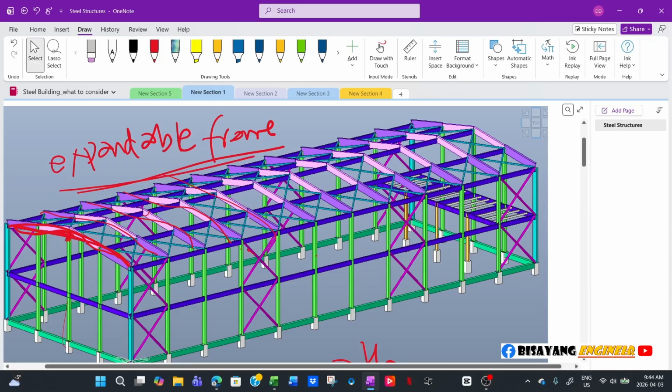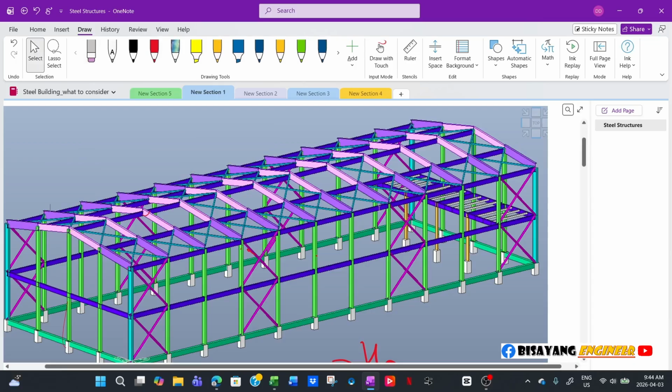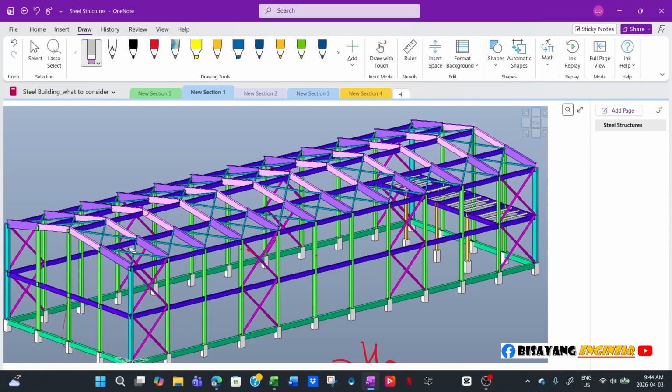But for the sake of discussion, assuming this is a moment frame, and the same on the other side. Now, if you notice, there is a floor here, and that floor will have a lateral load as well, like for seismic, right?